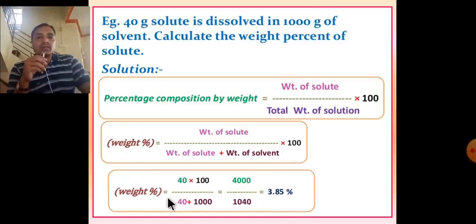Weight percentage is 40 into 100 divided by 40 plus 1000. Therefore, 4000 divided by 1040. Therefore, the weight percentage of solute is 3.85%.